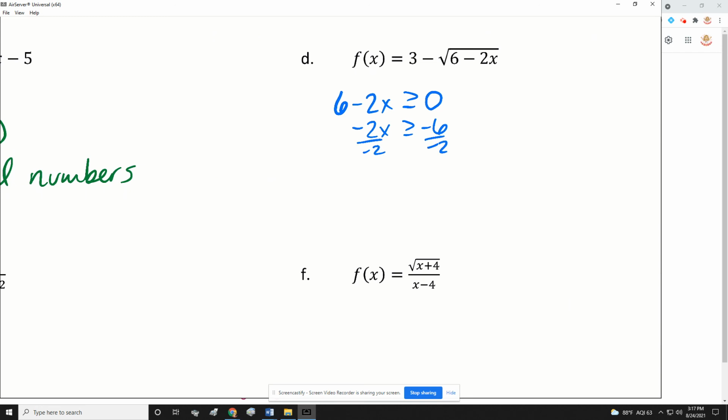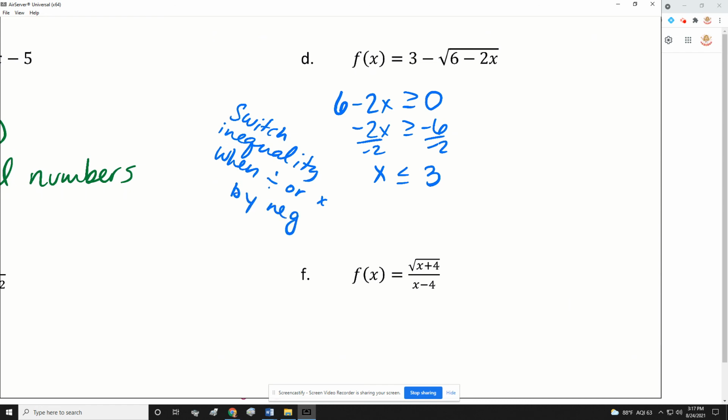So this is where it gets a little fishy with inequalities. If you have to divide through by a negative, you have to make sure you switch the inequality sign. So when you divide or multiply by a negative, you have to switch that.